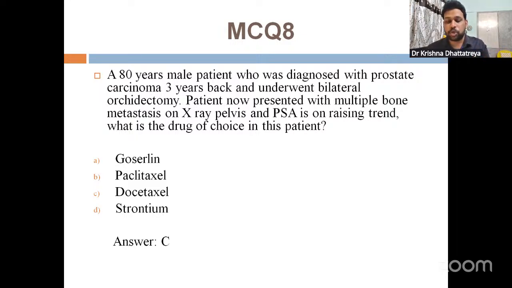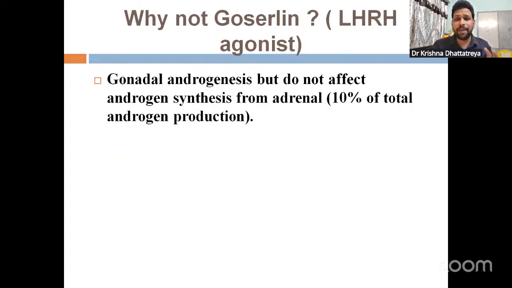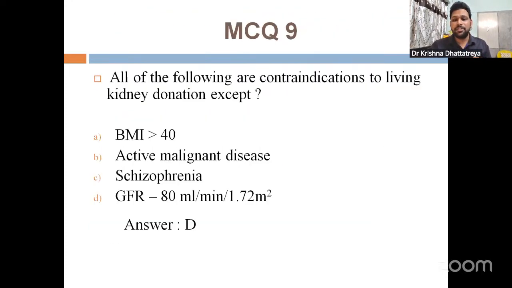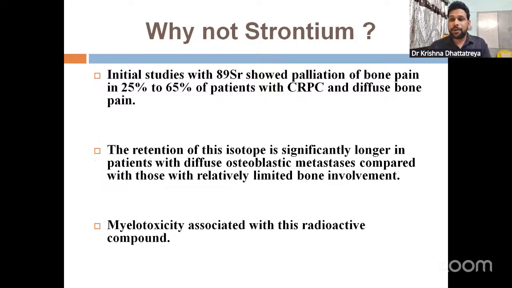And the next one is strontium. Why not the fourth option? Strontium is a drug previously used for patients who have bone metastasis and severe bone pain. In those patients, we used strontium for palliation. But this drug is also associated with myelotoxicity, and there is significantly longer retention of this isotope in patients who have diffuse osteoblastic metastasis.